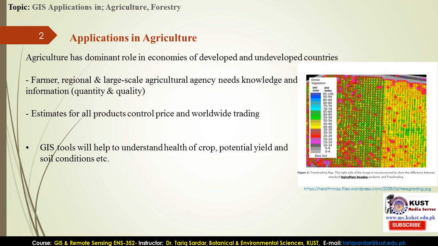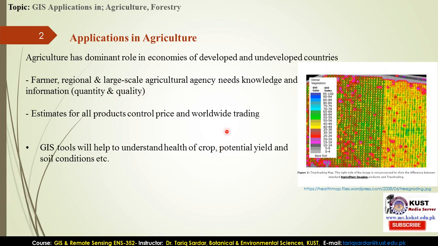Farmers, whether regional, local, or on a large national or international scale, need to know about quantity as well as quality, not only quantity. For quality, they need to know about the health of crops, and potential yield from the quantity side.